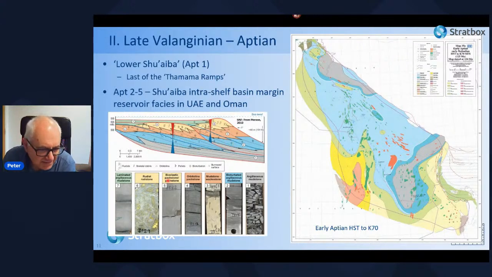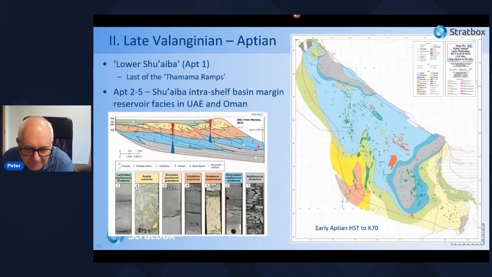And this consists of rudist rudstone and framestone with the colonization of the high energy areas of the shelf break with rudists, and also associated bioclastic packstone and grainstone reworked locally from the rudists, and then passing down dip into lower energy facies such as this orbitolina packstone, and then mudstone, and then into more argillaceous facies.